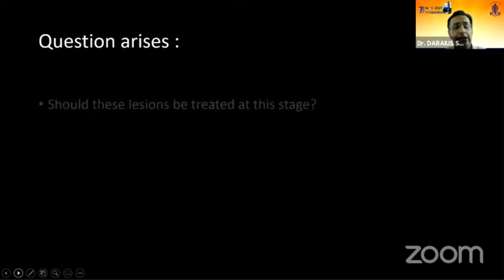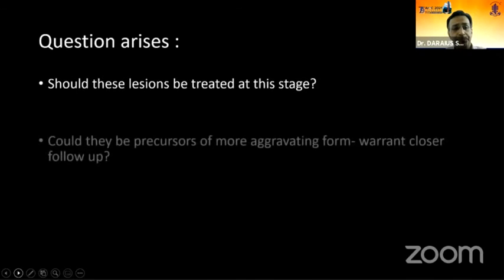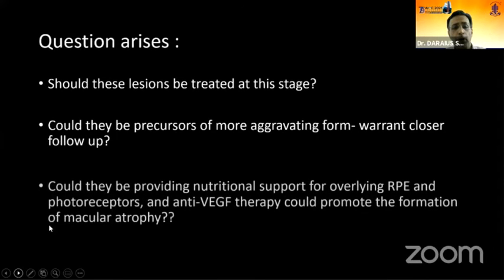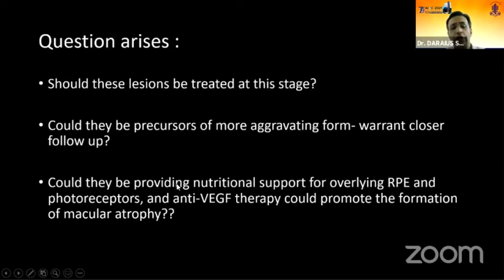So the question arises, should these be treated? Could they be precursors and warrant follow-up, or could they be providing some nutritional support for underlying RPE and photoreceptors? We don't have enough information at this time, but I think it's prudent to follow up these patients more carefully at the current time.